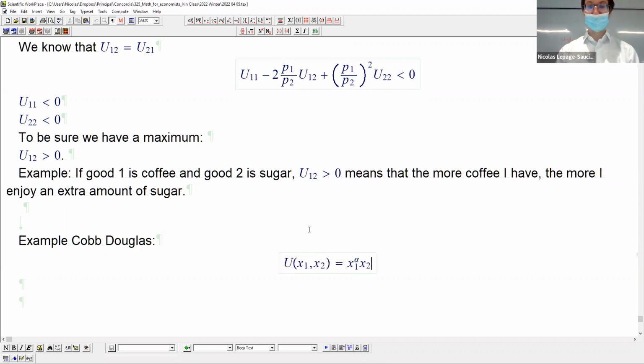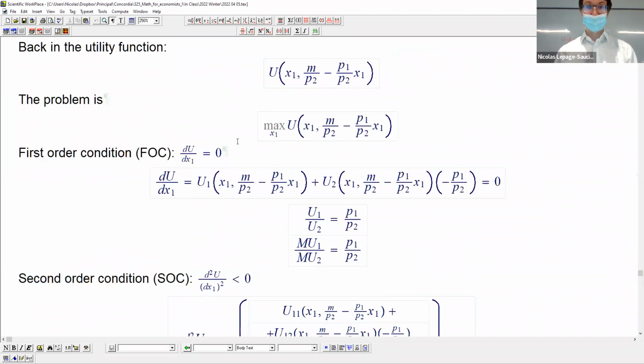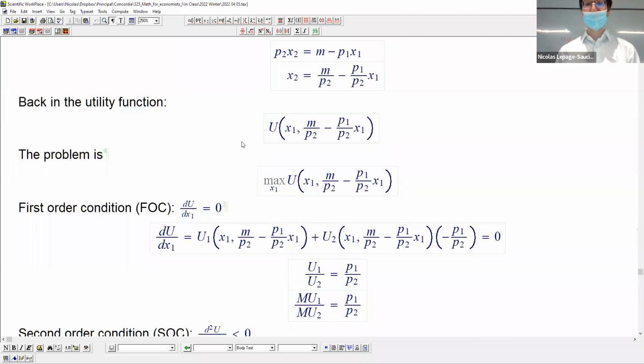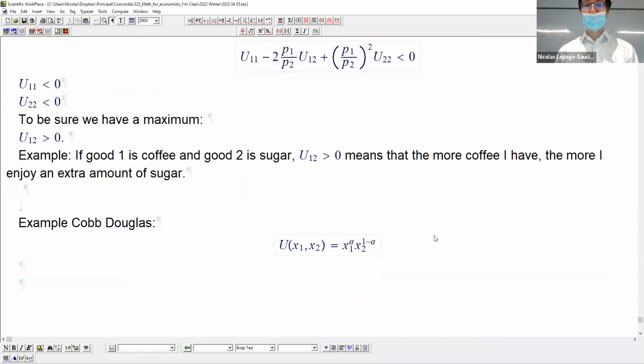And 1 minus alpha. And we still have, yeah, the rest is the same.